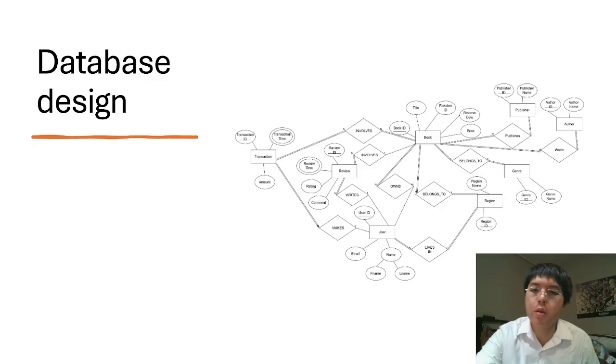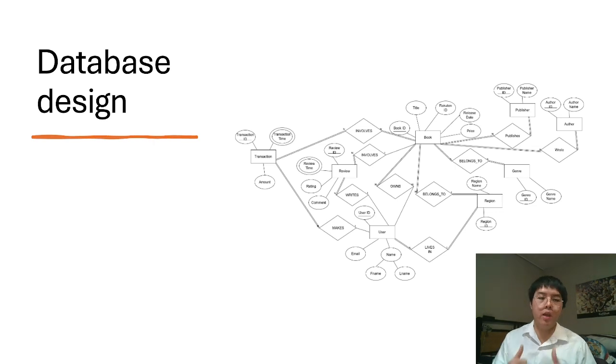The user and region relationship is many-to-one, because we have to assume that a user could only be from one region, and of course he or she cannot buy a book from another region. The order-related relationships include review as well as transaction, which is order, and that should be okay for the minimum requirements for a platform.